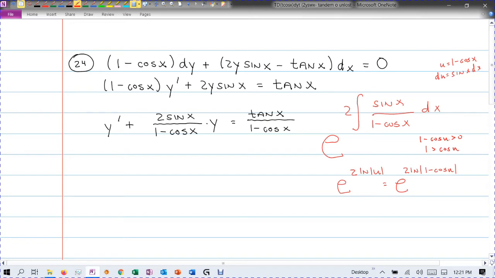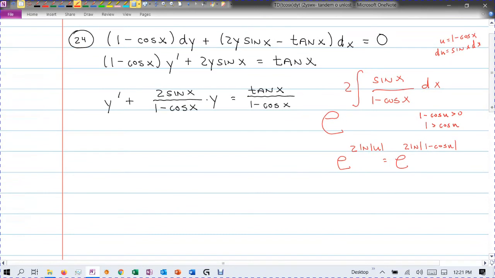And that should work everywhere except at pi over 2. And yeah, as we proceed through here, I'm going to start paying a little less attention to these details on the domain, just because we've got to get through these problems.